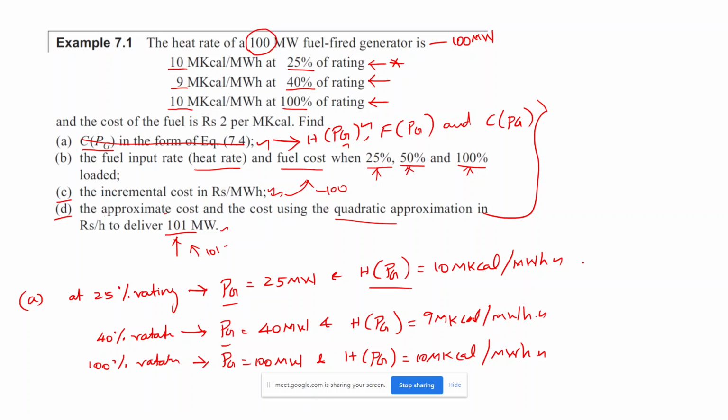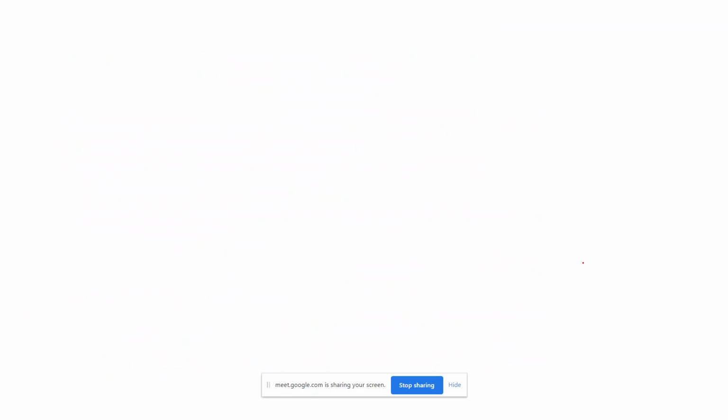Okay. Next thing is I need to find out the ABC value. Why? Without knowing the ABC value I can't find out the cost, or even F of PG. So first thing I want to find out is the ABC value.